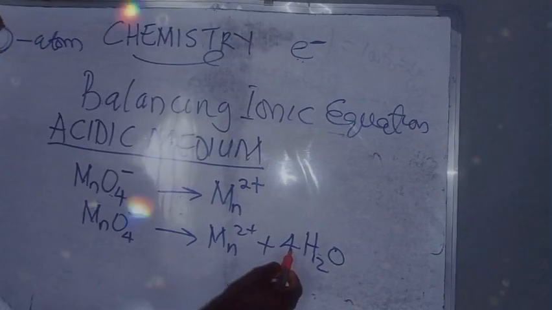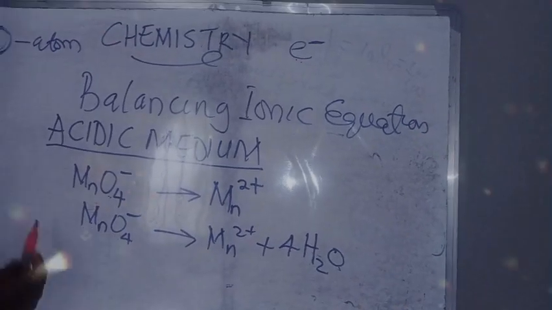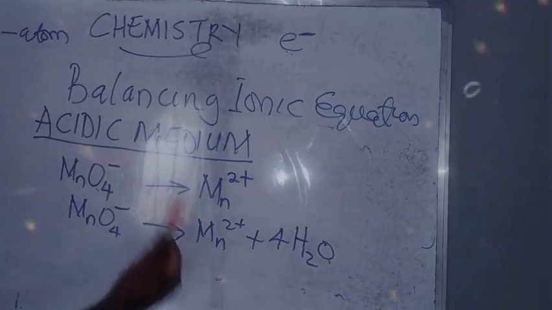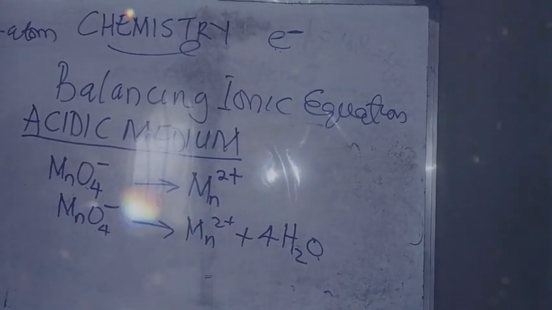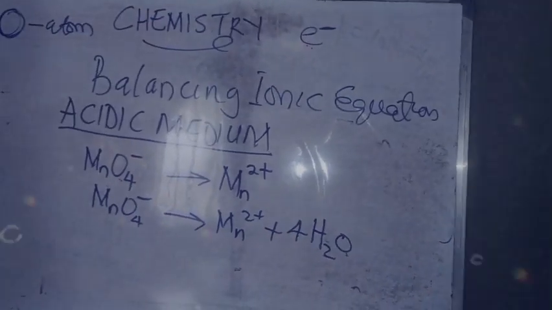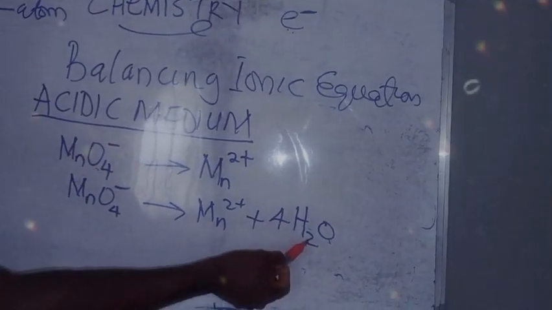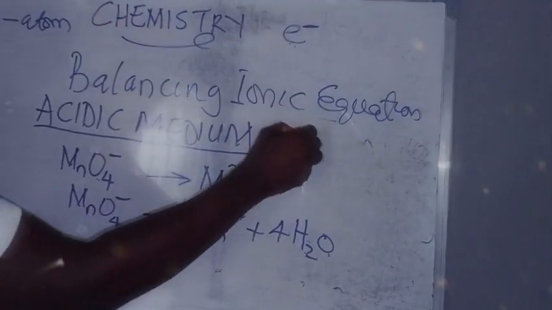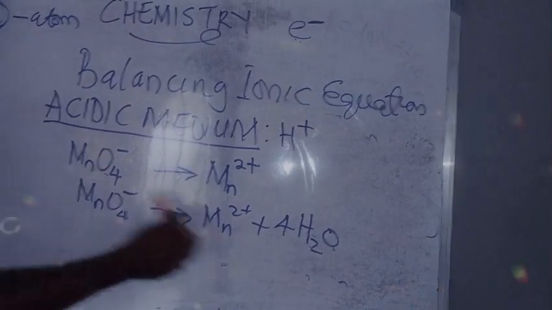So you can see the oxygen here now is 4. Oxygen here is 4. Now, by introducing water molecule at the deficient site of oxygen, you have created an imbalance of hydrogen. 8 hydrogen atoms. Don't forget that we balance hydrogen atoms by introducing hydrogen ion at the deficient site.